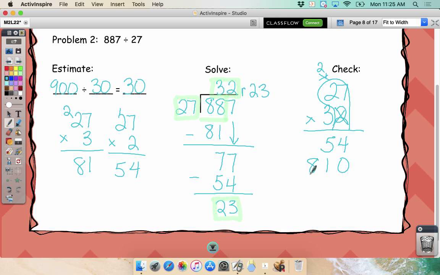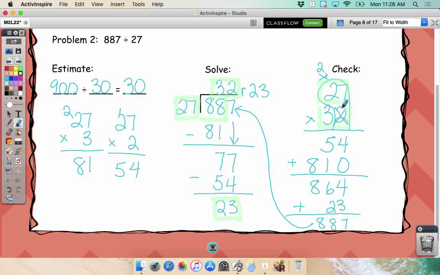And look, boys and girls, that number matches and this number matches. Now add them up. And what's my last step? Add the remainder. And I got 887. Okay, don't forget, highlight those numbers in your problem also, so you make sure you got all 3 of the correct numbers.